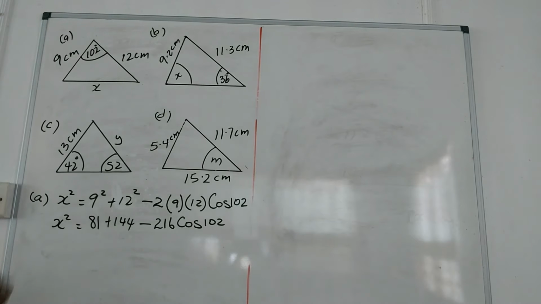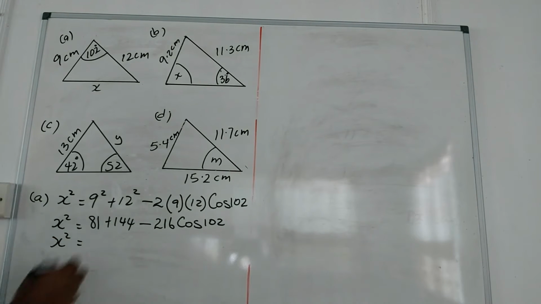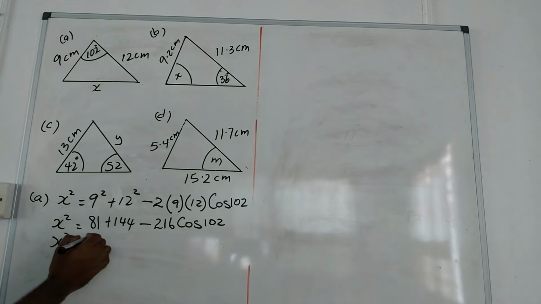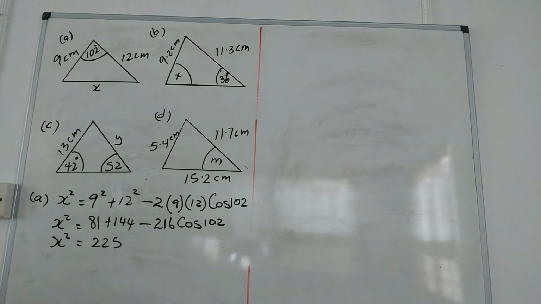So x squared will be equal to 81 plus 144. That will give us 225.